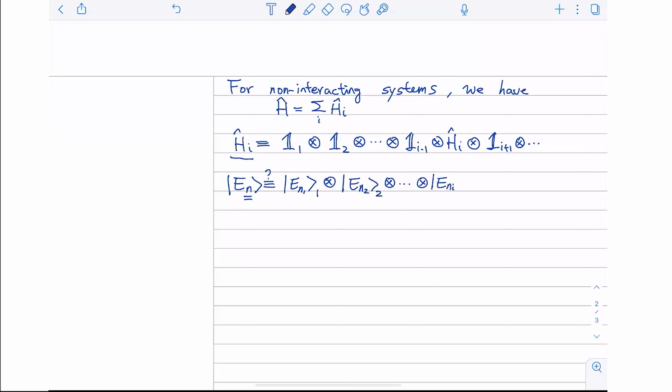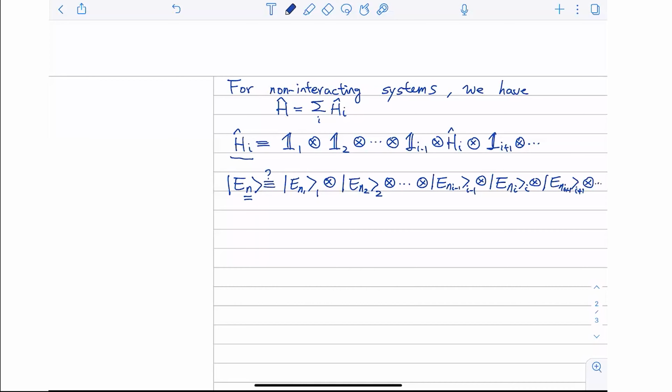The (i minus 1)th particle is sitting at the energy E_n(i-1), and the ith particle is sitting at energy E_ni, and the (i plus 1)th particle is sitting at energy E_n(i+1).